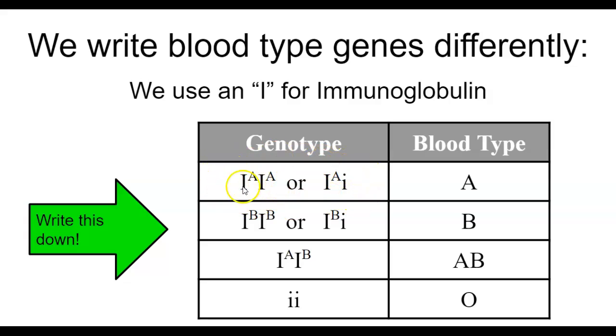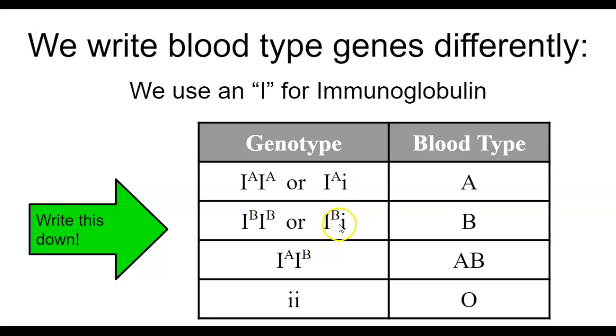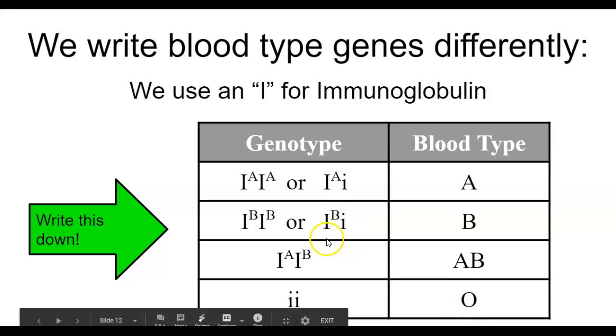We could have either one, kind of like we could have big A, or big A, little a, and it would still give us blood type A. For B, same thing, big B, or big B and little i. So the little i stands for the O, the recessive blood type. Okay, if I have AB blood type, I'm going to have an A and a B. And if I have two lowercase i's, I'm going to have O blood type.